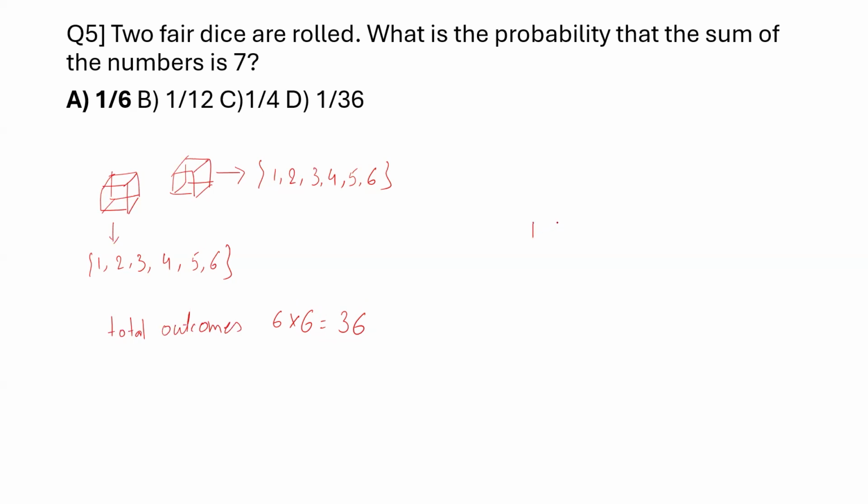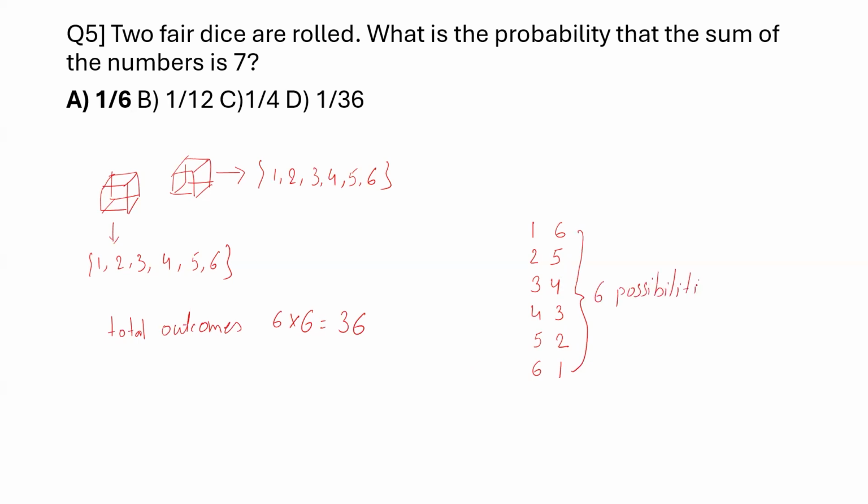So what are the combinations which will sum to 7? 1 with 6, right? 1 plus 6 is 7, 2 and 5, 3 and 4. Then 4, 3, 5, 2, 6 and 1. These are the possibilities. So 1, 2, 3, 4, 5, 6. Total 6 possibilities.